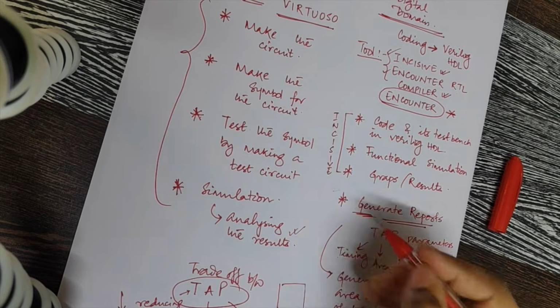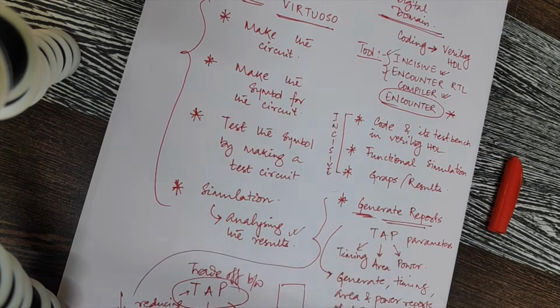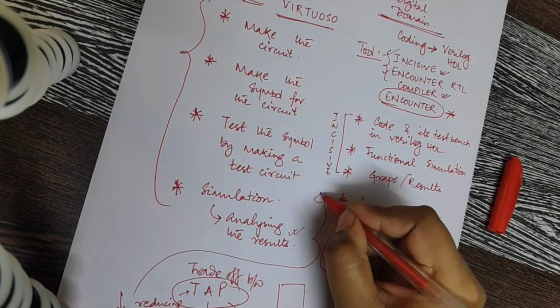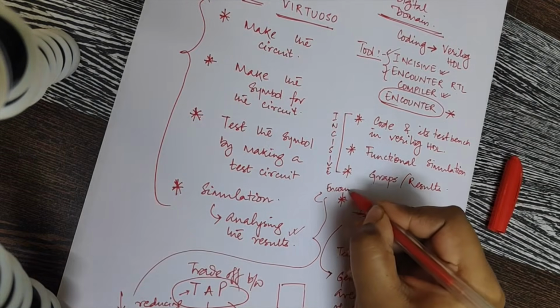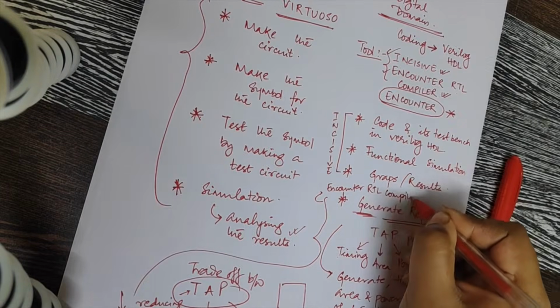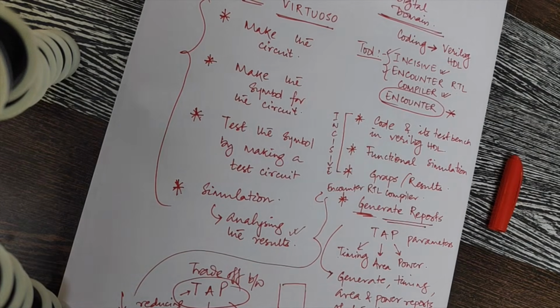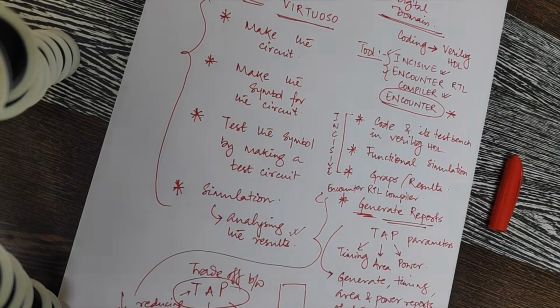Okay. After this, whatever reports and stuff you have done so far over here, this will be taken care by Encounter RTL Compiler. This will be taken care by the tool Encounter RTL Compiler. All right, understood?